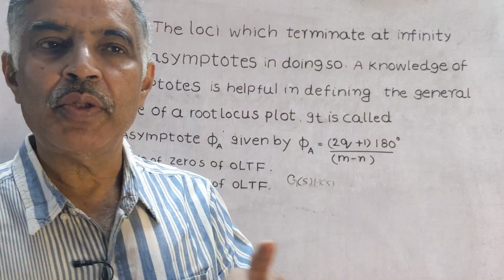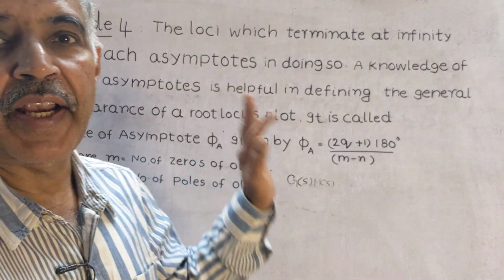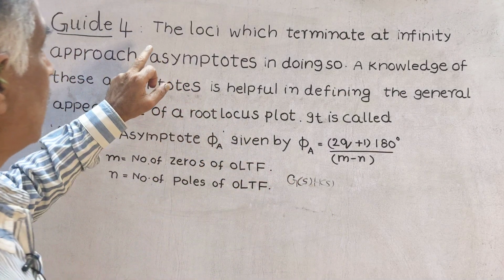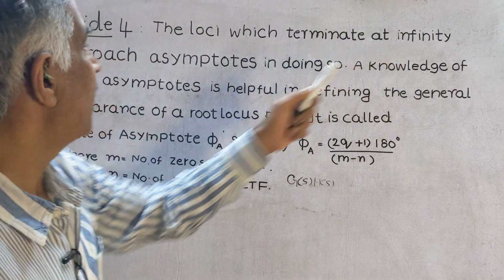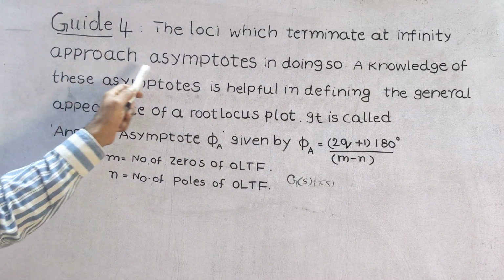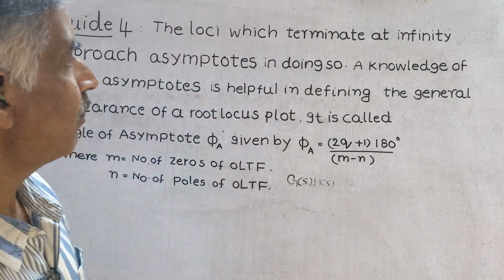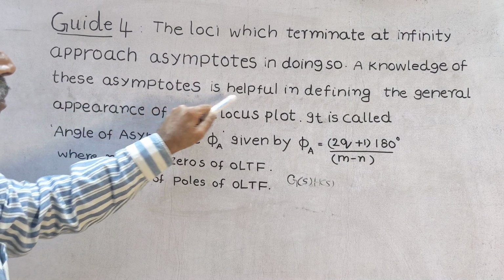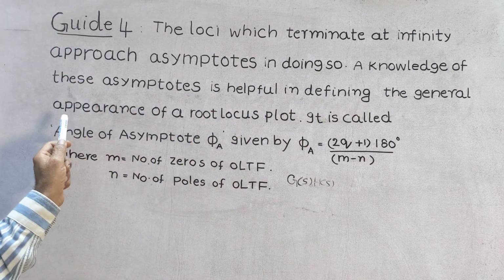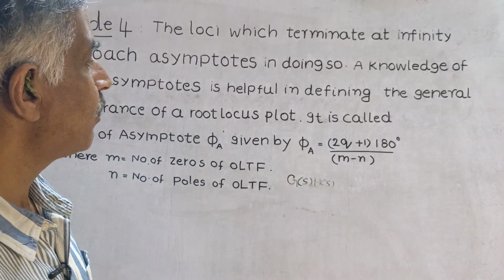I will also remind you of the problem. First, I will go through guide 4. The loci which terminate at infinity approach asymptotes. A knowledge of these asymptotes is helpful in defining the general appearance of a root locus plot.